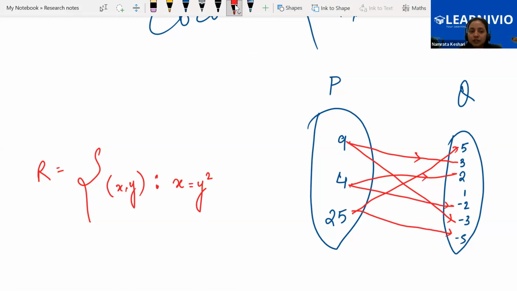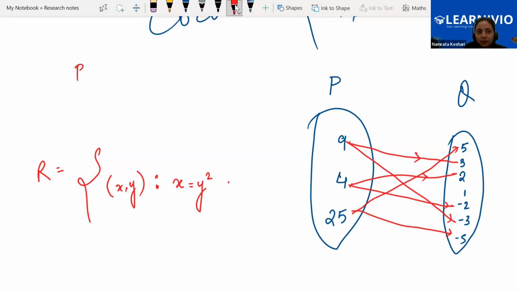Can we write it like this? Now we have to define what is x, what is y. Yeah, we can write that.